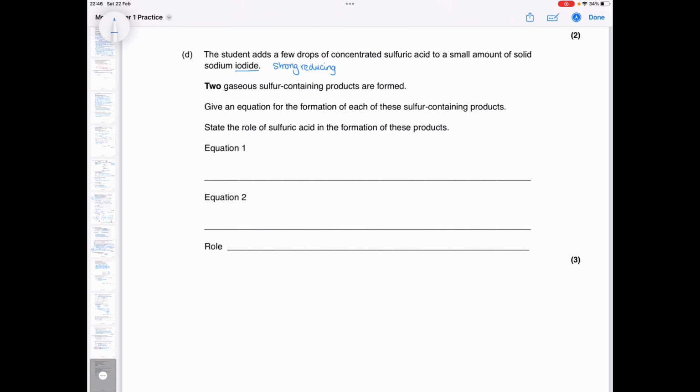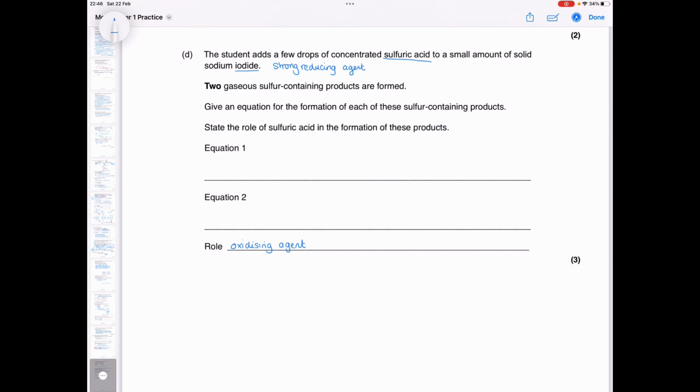Okay, so sulfuric acid is acting as an oxidizing agent in these reactions, and the iodide is acting as a reducing agent.